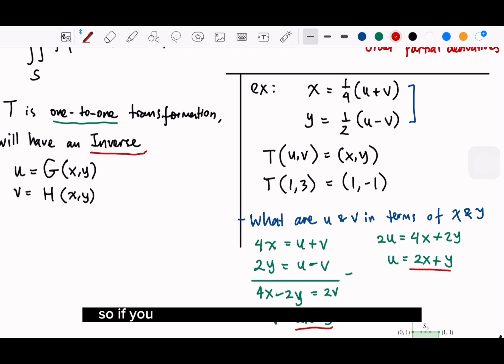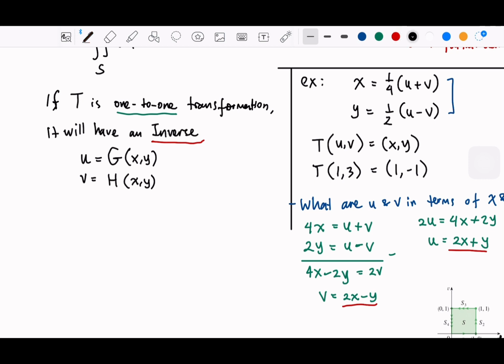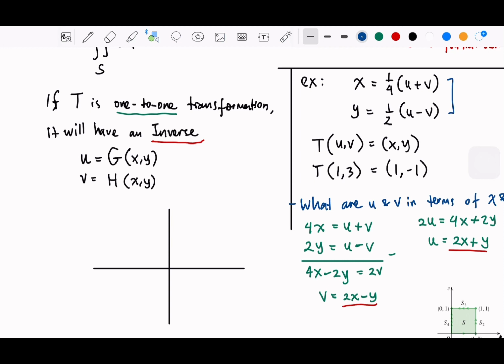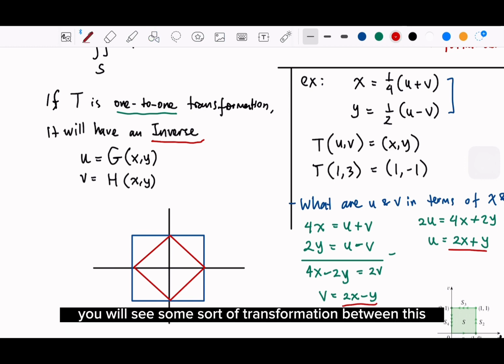Now we have these new equations. So if you want to make this into our transformations, or if you would like to draw from xy to uv, you will see some sort of transformation between all these equations.